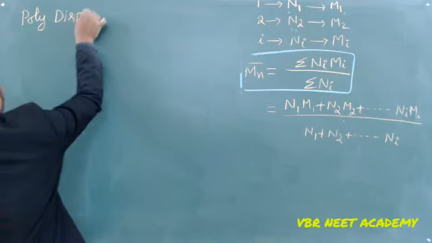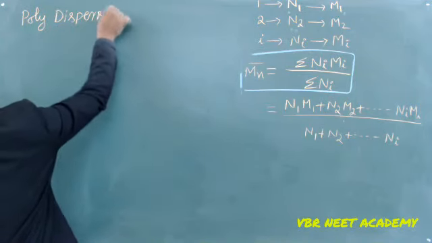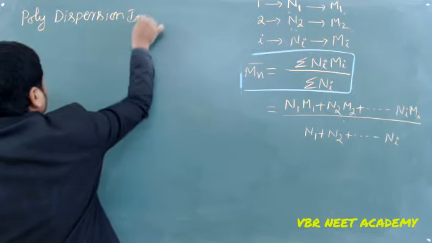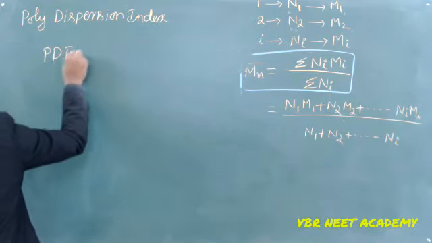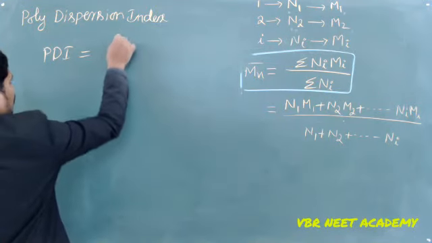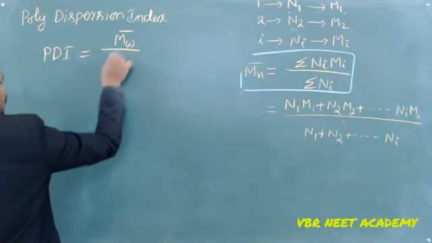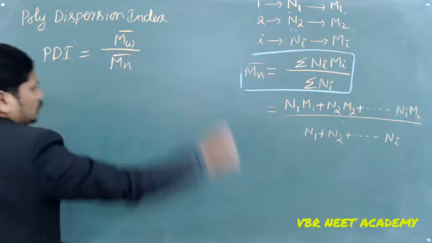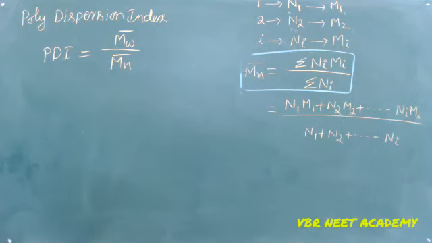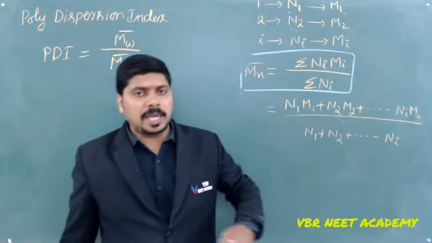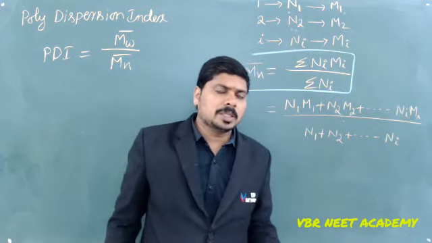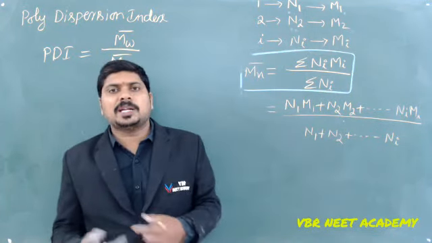Polydispersion index, PDI, is equal to Mw bar by Mn bar. The polydispersion index tells whether every time the polymers are formed with the same number of monomeric units, or they have different monomeric units.